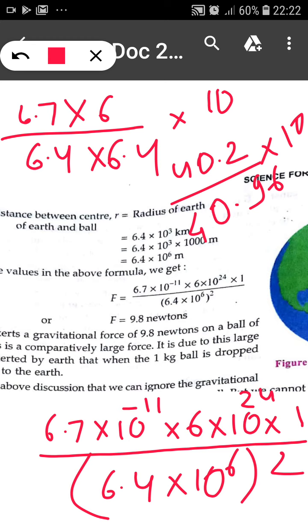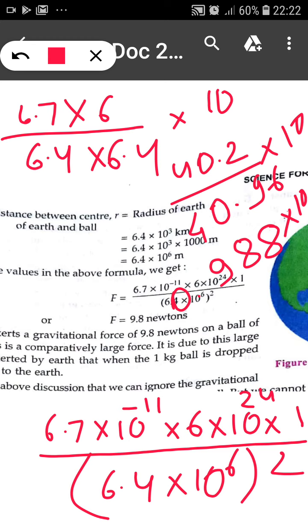Okay, so we will be dividing 40.2 by 40.96, and it is given by 0.988, and here the 10 is here.